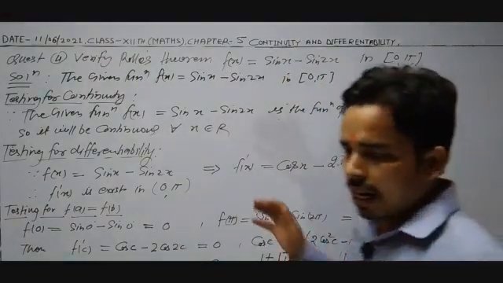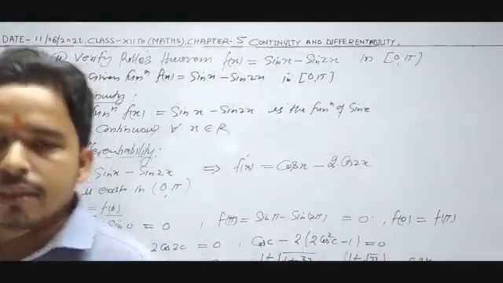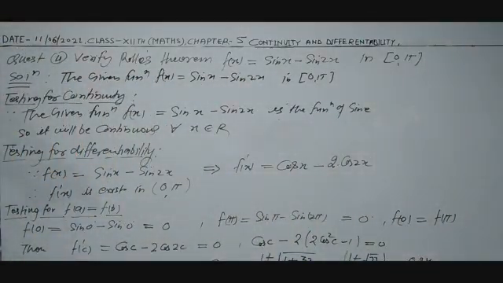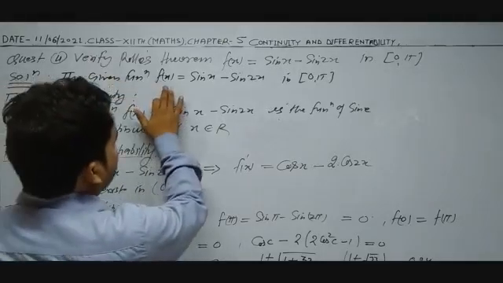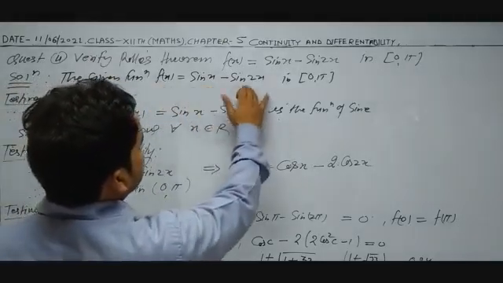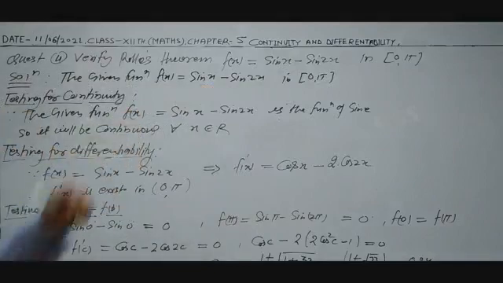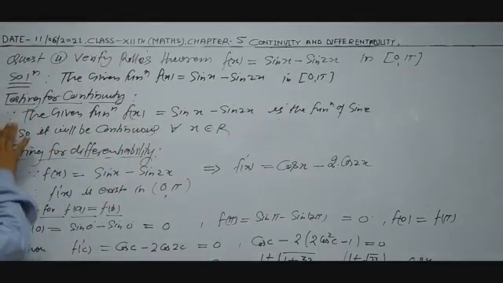So first of all, class, I will check continuity. I will consider the given function f(x) is equal to sin x minus sin 2x in 0 to pi. Testing for continuity.